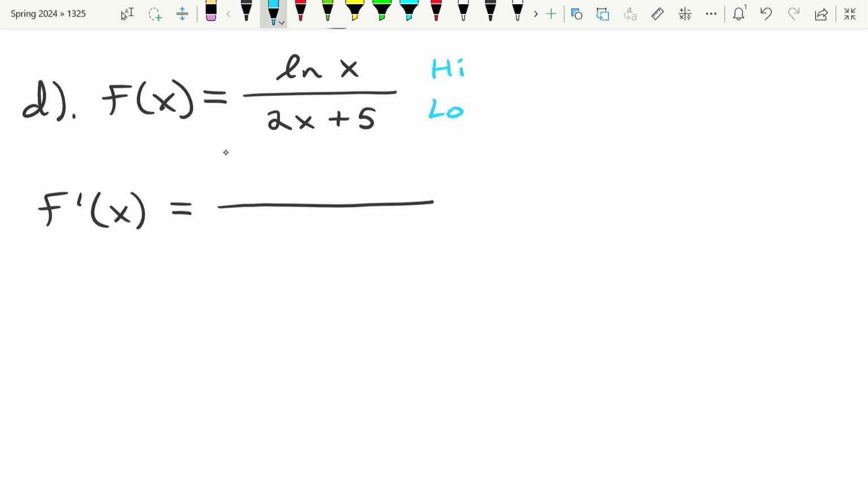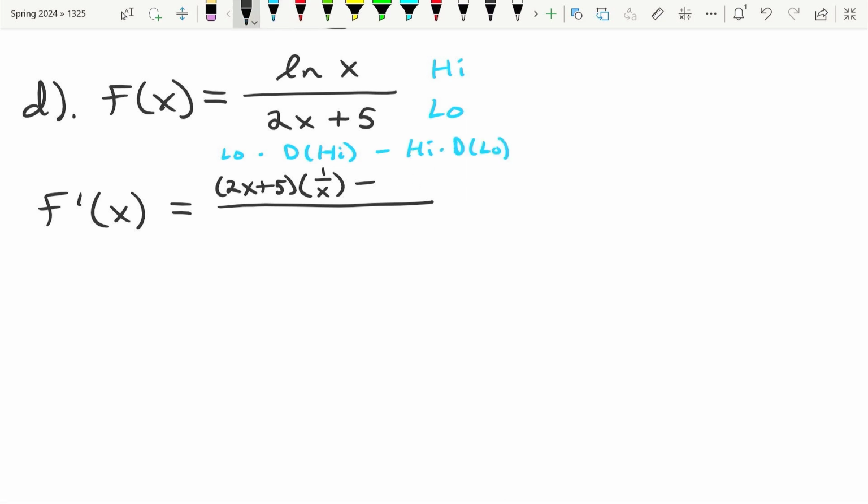And by the quotient rule again, we go low, d high to get started. So low be 2x plus 5. D high is the derivative of ln x, 1 over x, minus high, d low.